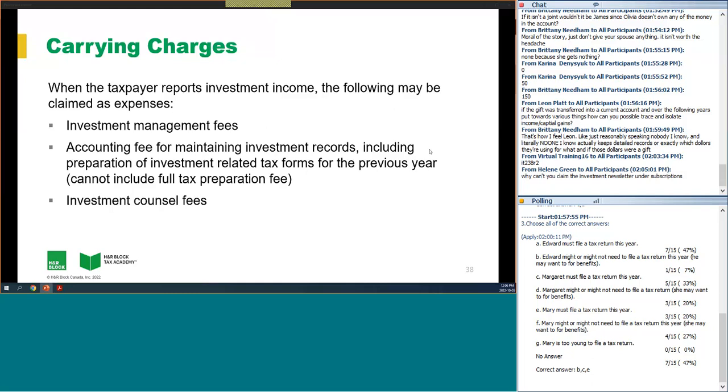It's only the original asset that is tracked. And this is to stop people from putting money in someone else's name and pretending that it's not theirs so that they can pay less tax. But once that person takes the asset and does something else with it, we no longer have to track the next step of the process. Okay, so that hopefully will simplify for you a little bit.